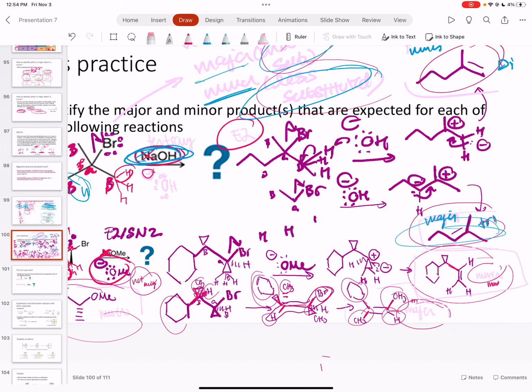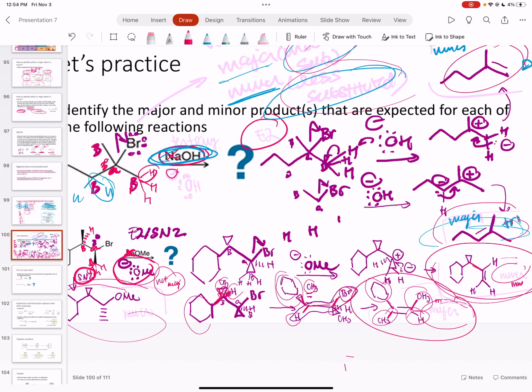This will give rise to this product down here and this product down here. Since this one's not bulky at all, we have the same logic that our major product is going to be the more substituted.